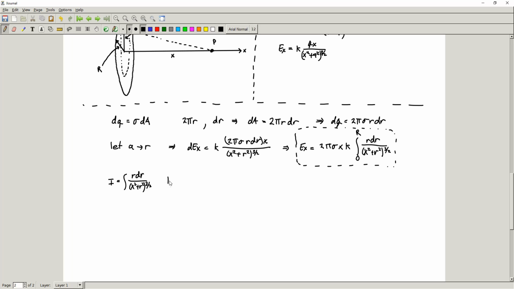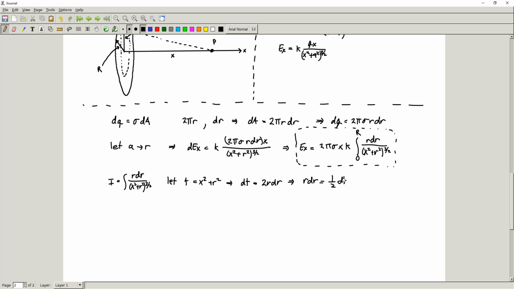Okay, so to do this, we're going to let t equal x squared plus r squared, and if we do that, this means that dt is equal to 2r dr, and we can rearrange this into the form that we want. We want r dr, and we can see that that's going to be equal to 1/2 dt.